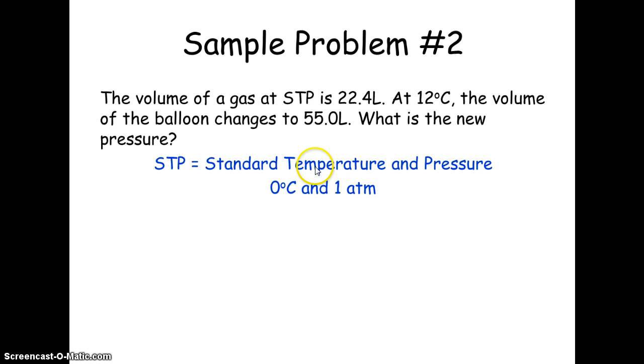So, we know that our starting temperature is going to be 0 degrees Celsius. Our starting pressure is going to be 1 atmosphere. First off, we don't like stuff in Celsius, so we want to convert this to Kelvin. 0 plus 273 gives us 273 Kelvin. So now we know our T1 and our P1.